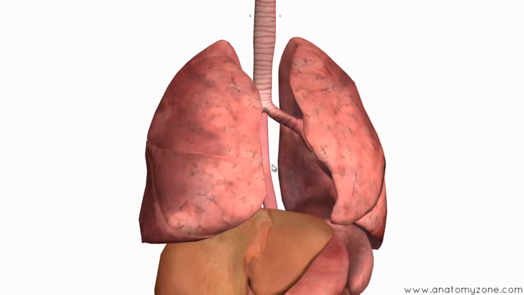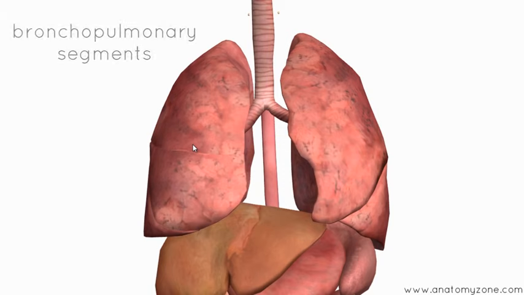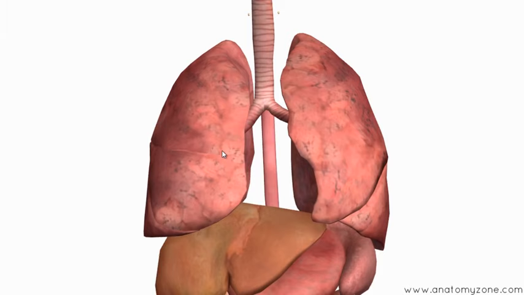These lobes can actually be further divided into bronchopulmonary segments, and each lung has 10 bronchopulmonary segments, and these are supplied by the segmental bronchi, so the tertiary bronchi. So the lobar bronchi supply the lobes of the lungs, and the segmental bronchi supply the bronchopulmonary segments.